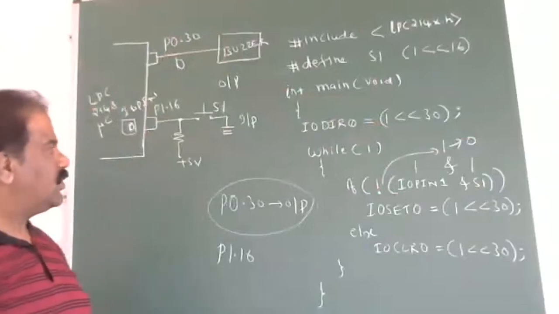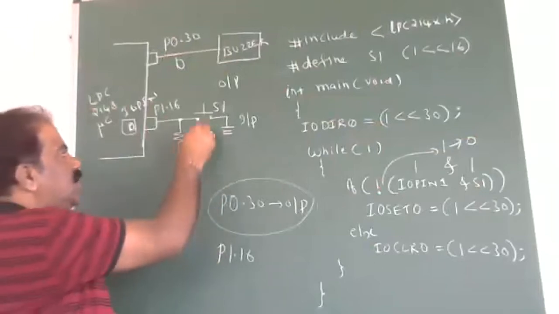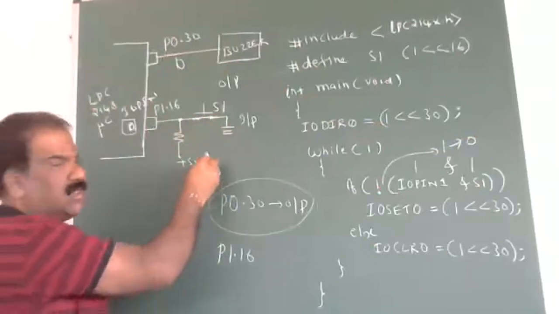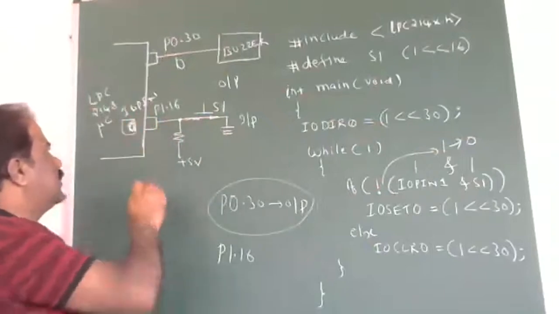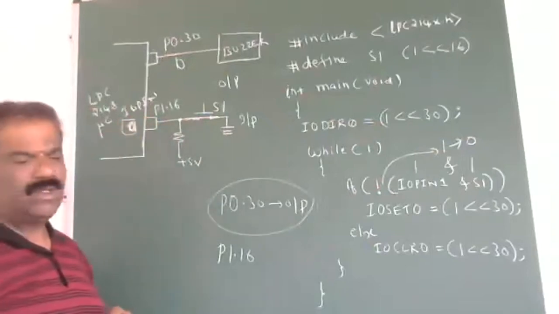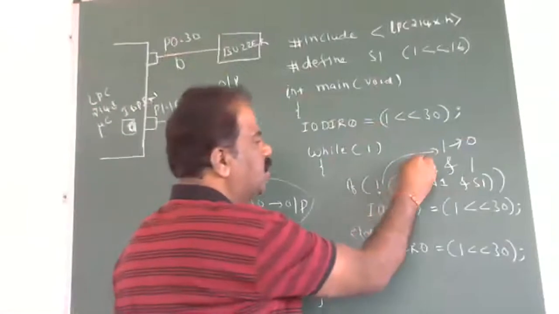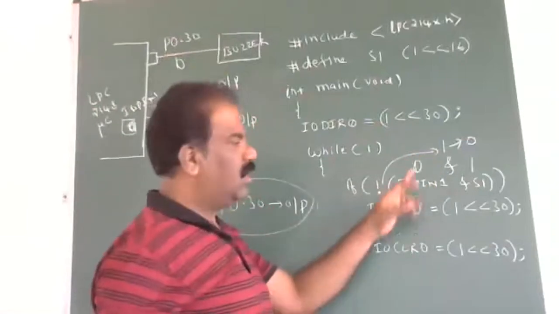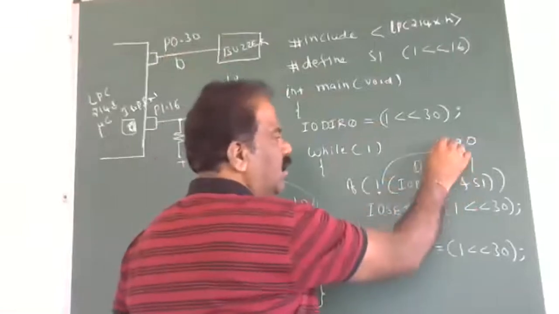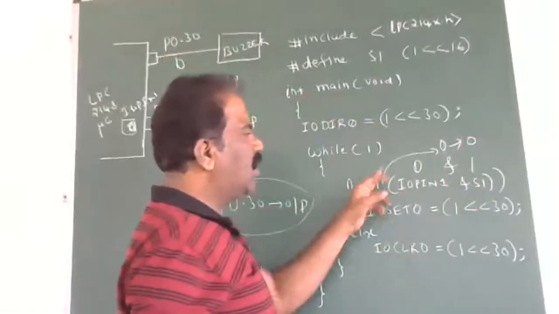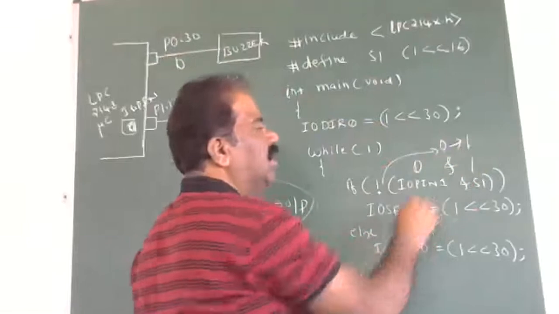Suppose the switch is closed. It's connected to ground, and the potential at this point becomes low. Therefore, this is replaced by low. Then 0 AND 1 gives low.